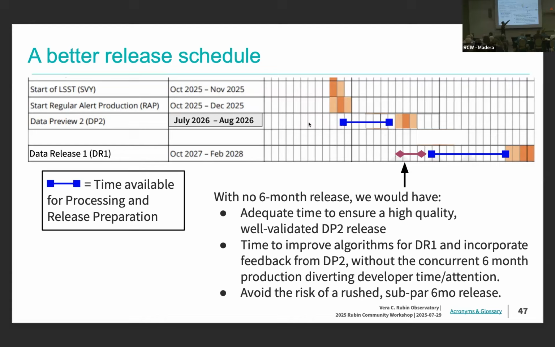And I think this both gives us a better chance of ensuring that those are high quality, and also gives us a better schedule margin to make sure that we really can accomplish this.